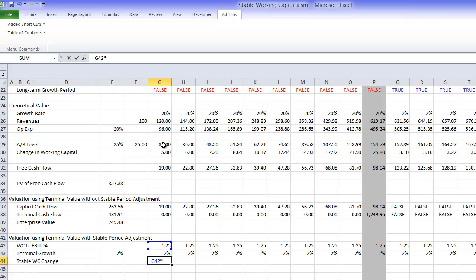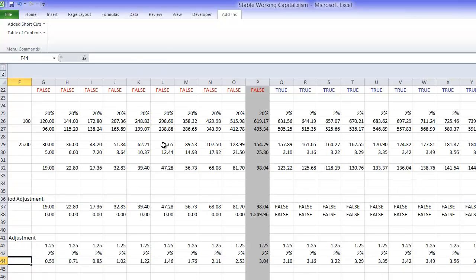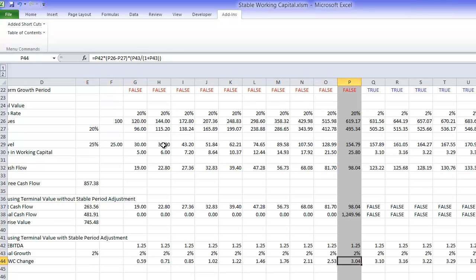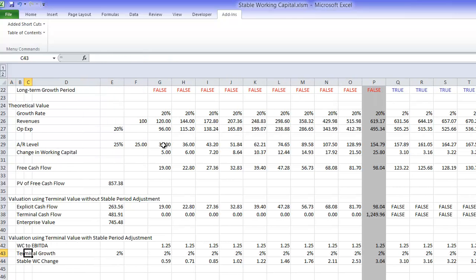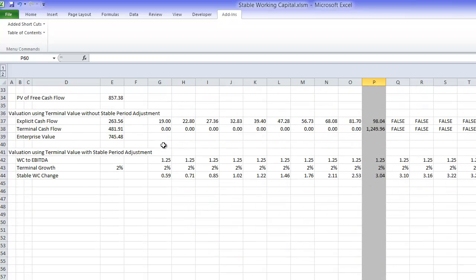This thing times the EBITDA, times the growth rate divided by 1 plus the growth rate. Okay, that's our stable working capital. Notice that the working capital change that we had in our terminal value is dramatically different. That's the source of the error.